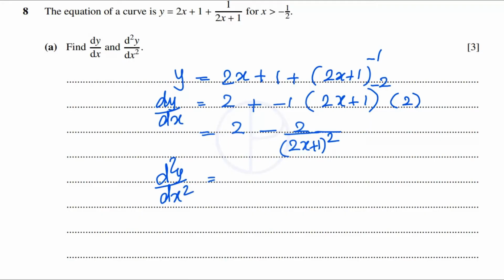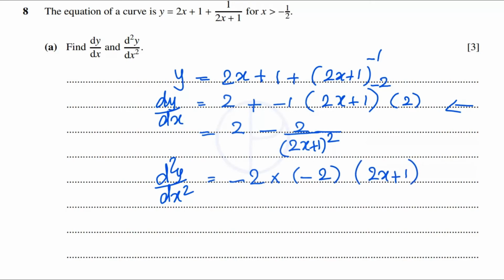So we will do it from this. Differentiation of 2 will be 0. So negative 2 multiplied by the power negative 2. The base is 2x plus 1.